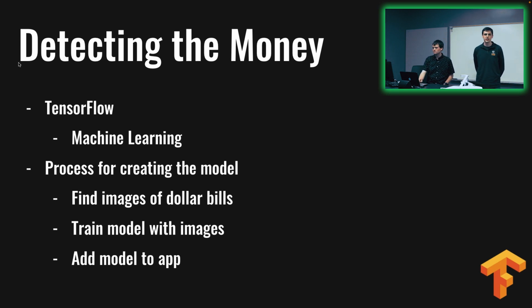Then, integrating the model that's outputted with our app, we were able to upload that into our app. With the app's camera, we can use the camera on your phone to get that image and run it through the model that we had.